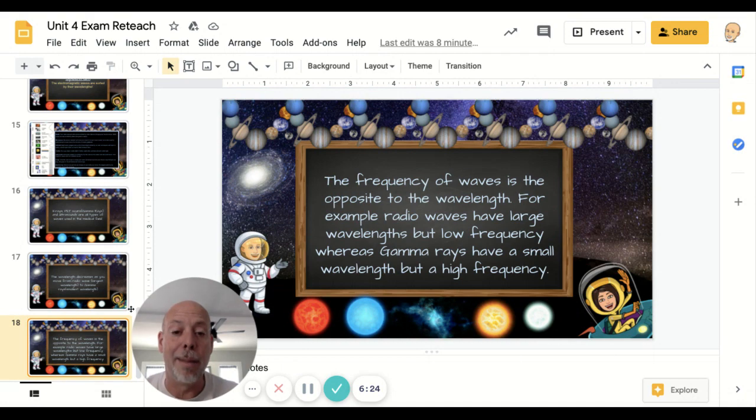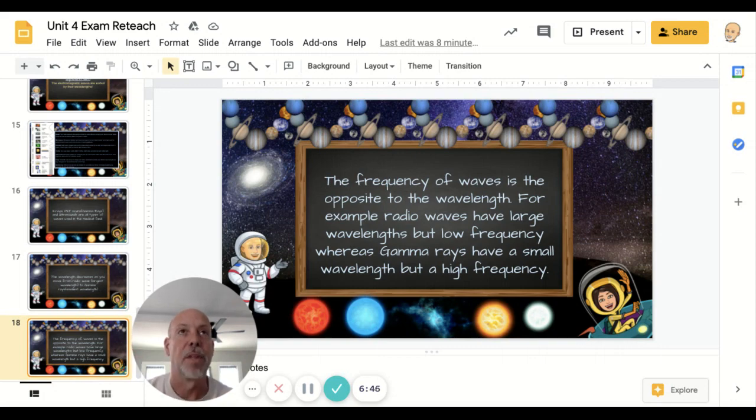To wrap it up for wavelengths, the frequency of waves is the opposite of the wavelength. Radio waves have very large wavelengths, but very low frequency. Gamma rays have really small wavelengths, but because they're so small, they happen more frequently. They have a higher frequency.